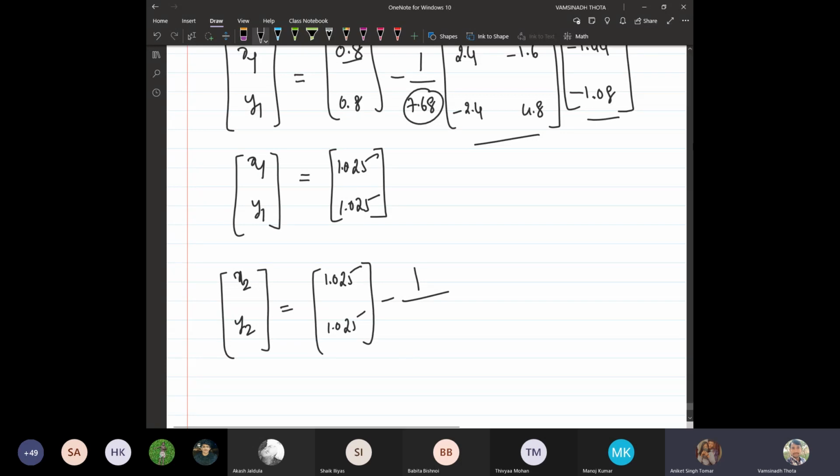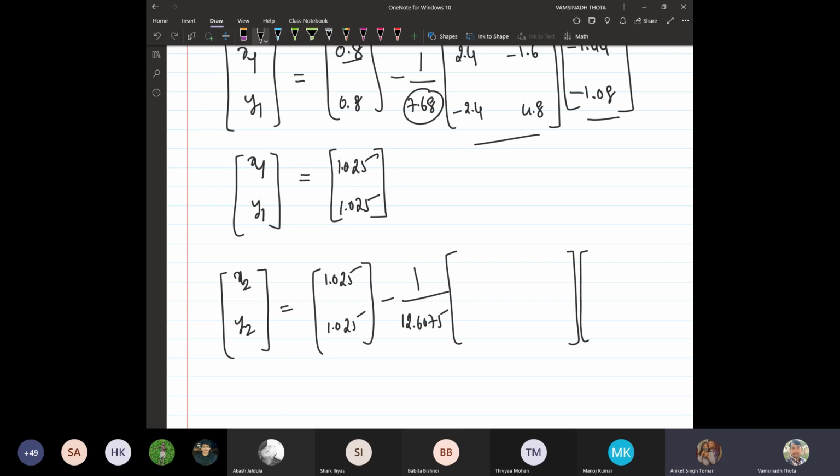Okay, right? And then we need the matrix, and then we need the function values also: the f value at this point and the g value at this point.